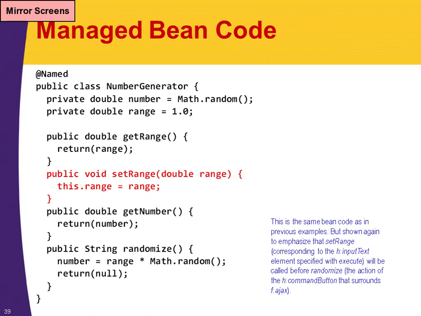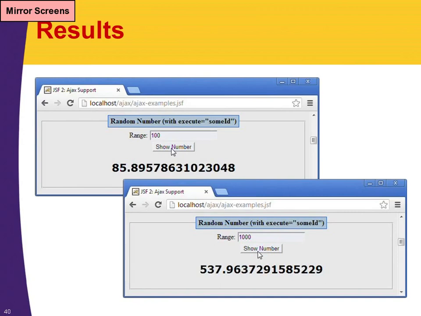And it's only when you do that it's updating the value of range, which then, of course, when you render the other thing, gets pulled out from the server and updates the UI element on the page. So if you type in 100 and say show number, then you get a number between 0 and 100. If you type in 1,000, say show number, you'll get a number between 0 and 1,000. And again, unless you saw this executing, you might say, so what?